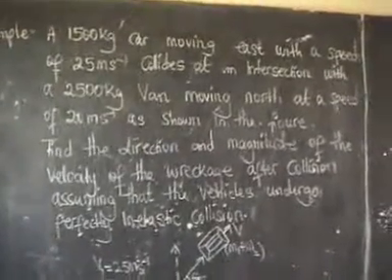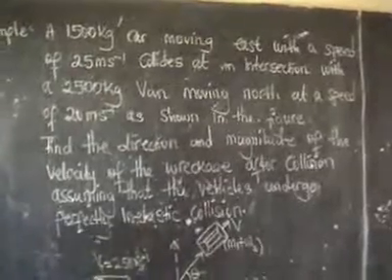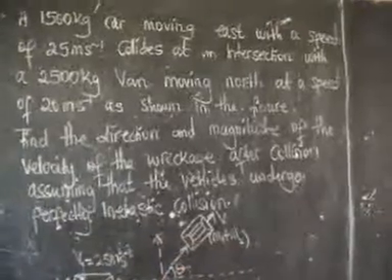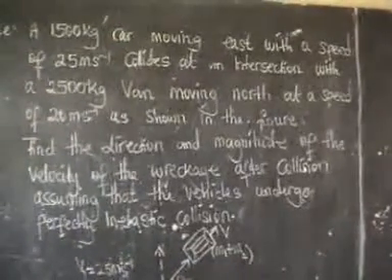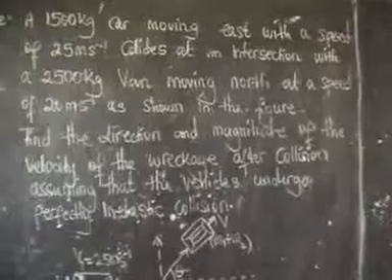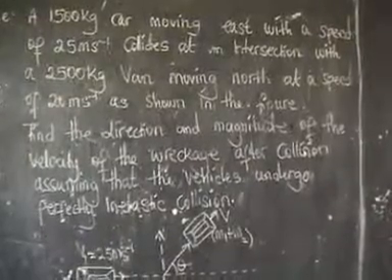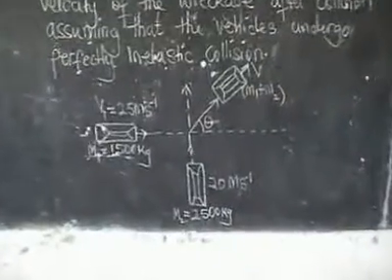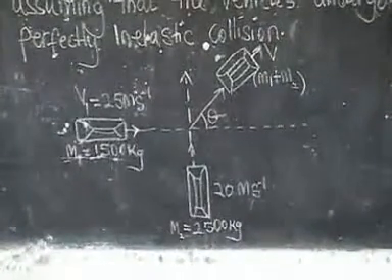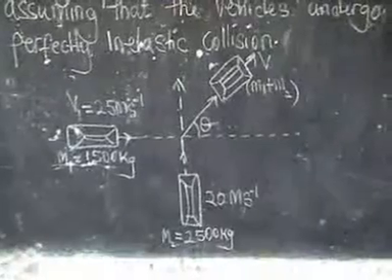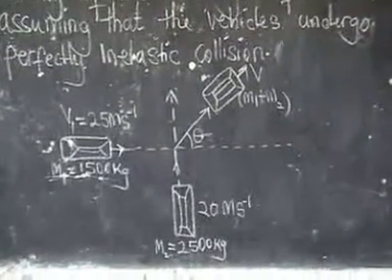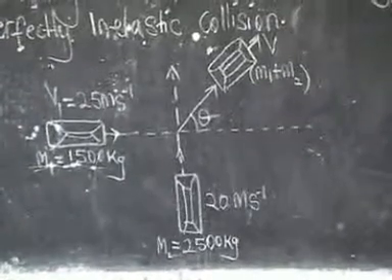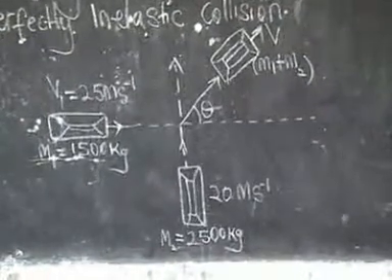Find the direction theta and the magnitude of the velocity v, that is the speed of the wreckage, after collision, assuming that the vehicles undergo perfectly inelastic collision. So we shall also have to calculate the loss in kinetic energy.